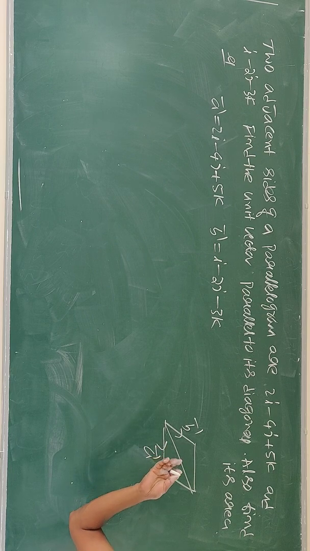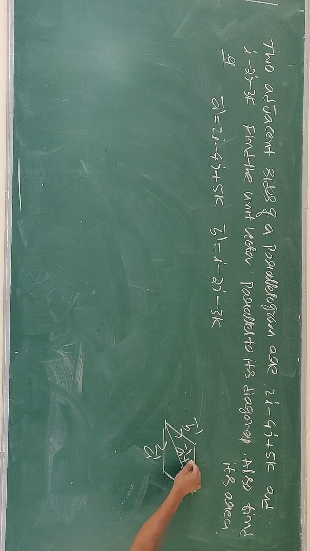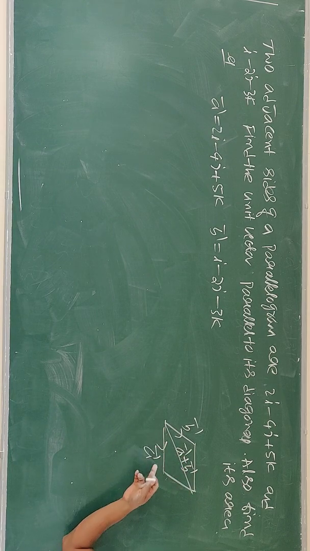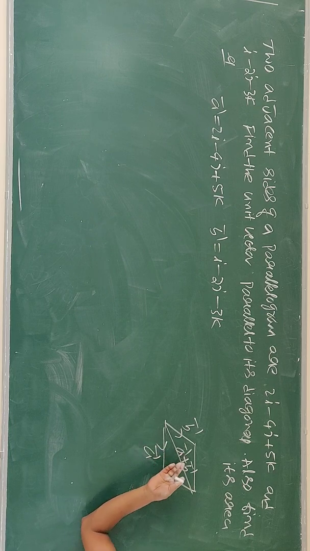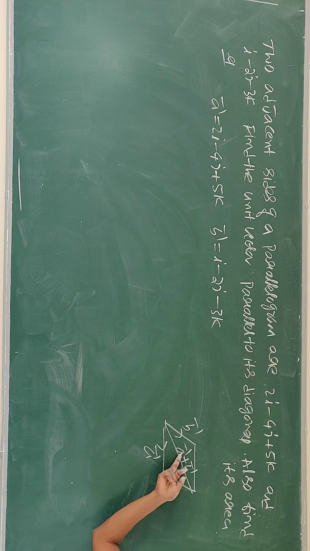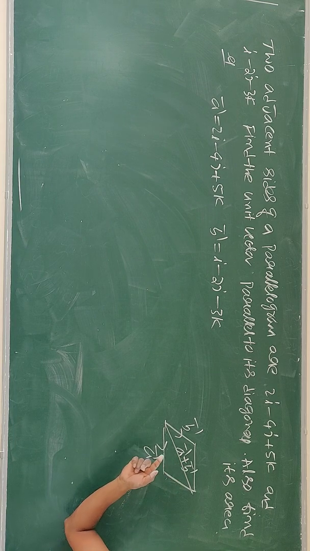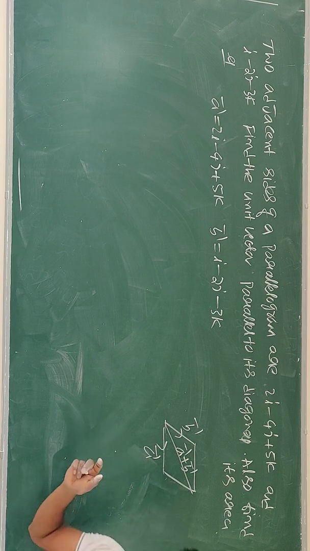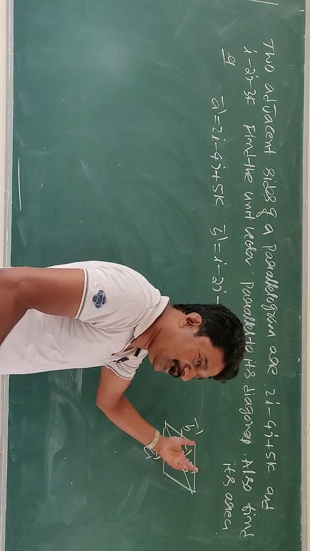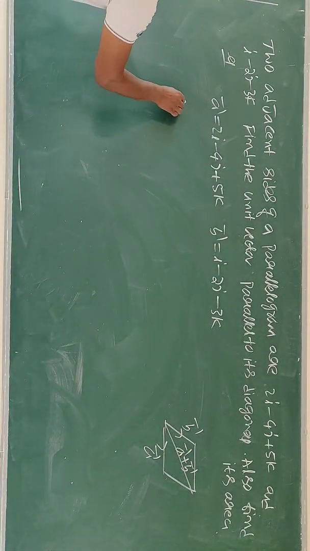You learned that according to the triangle law: this is A, this is B, and A C is A plus B. A unit vector is required along the diagonal, which means along A plus B. How do you find a unit vector? Vector by its magnitude. So find A plus B and then find the unit vector.